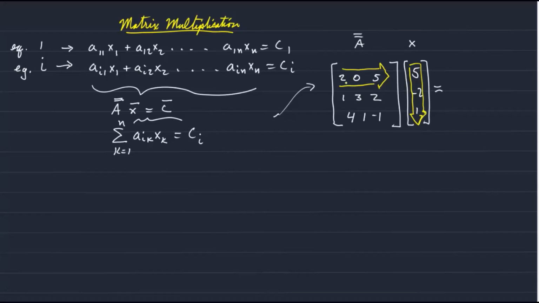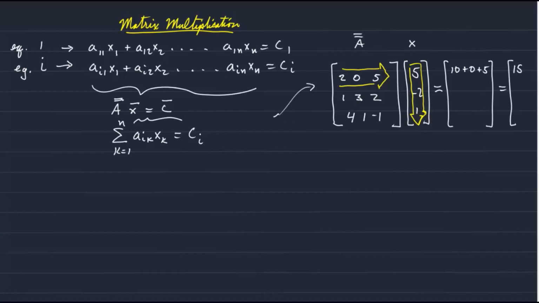So we'll multiply this row down this column for the first element of the C matrix. And that's just 10 plus 0 plus 5. And that gives C1, which is 15.